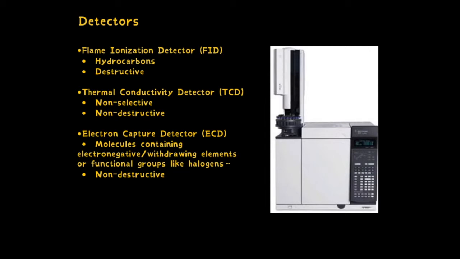ECD is mainly used to analyze molecules that contain electronegative or electron-withdrawing elements or functional groups like halogens. As a result, ECD can be used to analyze emerging contaminants like chlorinated compounds, and it is non-destructive to the analytes.